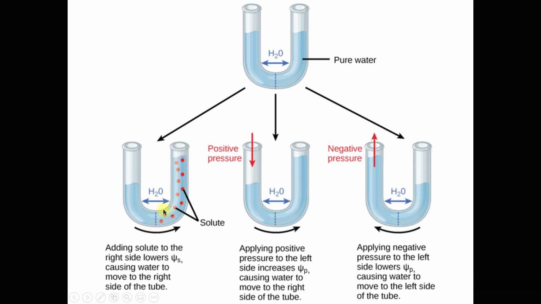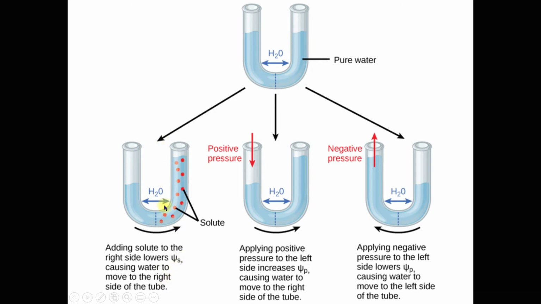So when we add solute here, what happens? This right arm will have lower water potential because of the solute potential. Solute potential is always negative in value, so solute potential will decrease the water potential. So the water potential in this region will be lower compared with this region. So adding solute to the right side lowers the water potential.